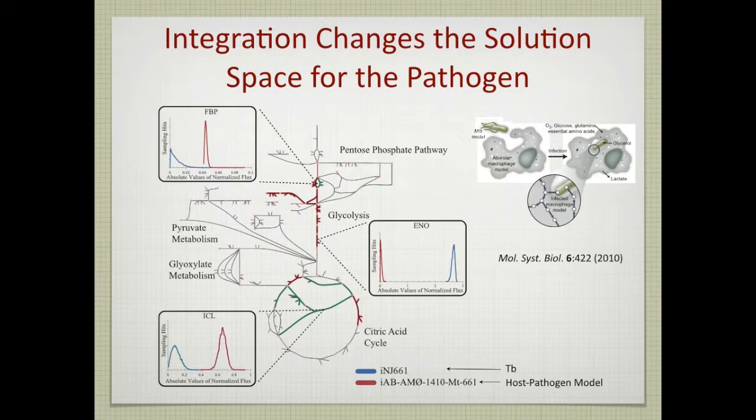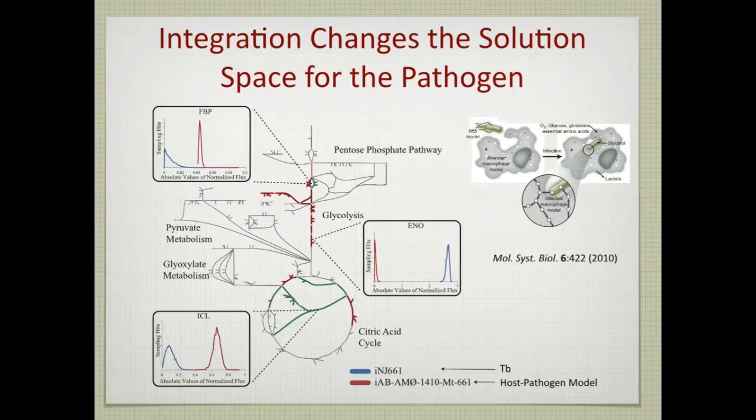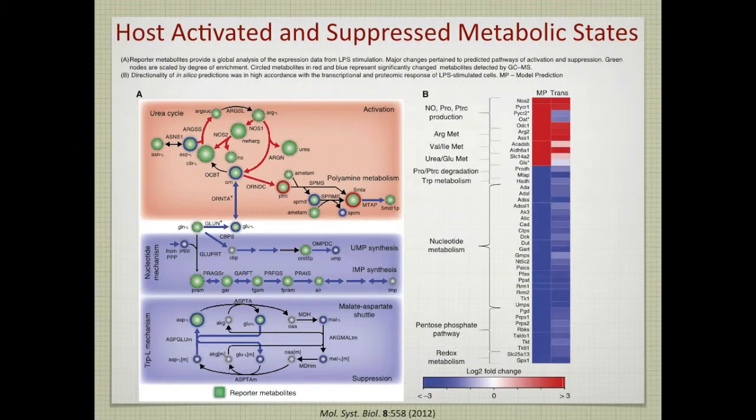On the host side, there is a study that's been done that is too complicated to detail here, but macrophage metabolism has characteristics relative to it being activated or suppressed.